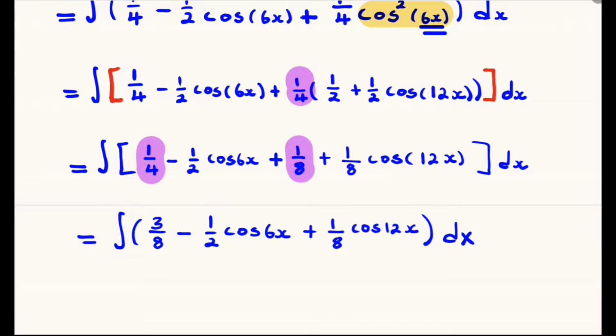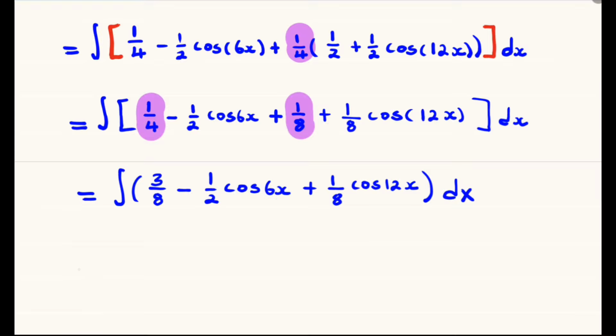dx. The integral of 3 over 8 with respect to x is 3 over 8x minus half multiplied by the integral of cos 6x, which is equal sine 6x.